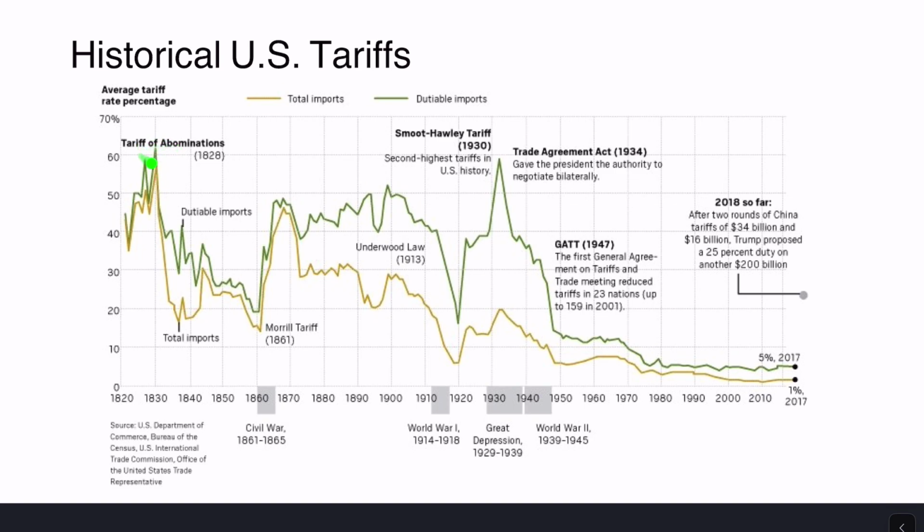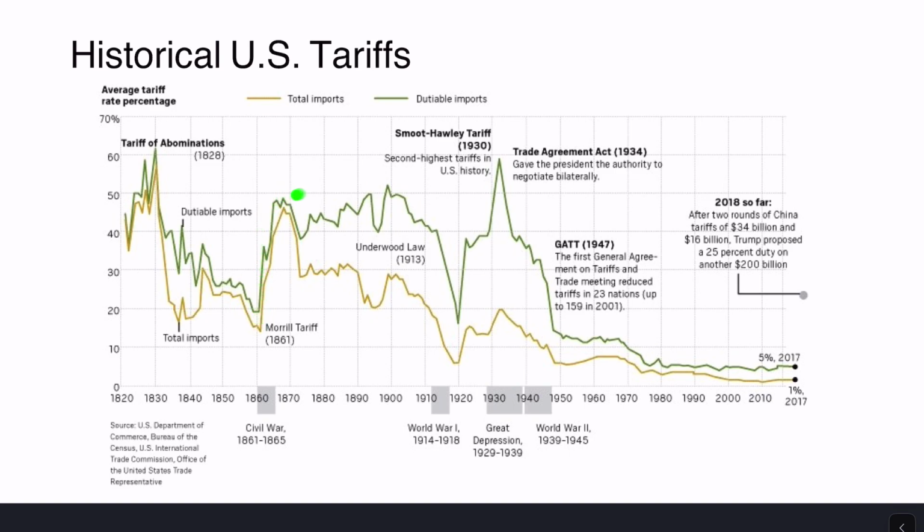All right, it's the tariff of abominations because these were mainly on products that the North, like New England and New York, were producing. The South was exporting cotton, and so the South didn't like these things. The North did, and so the South termed them the tariff of abominations. Right. Then over time, they went down, but they still needed revenue. Then we get to the Civil War.